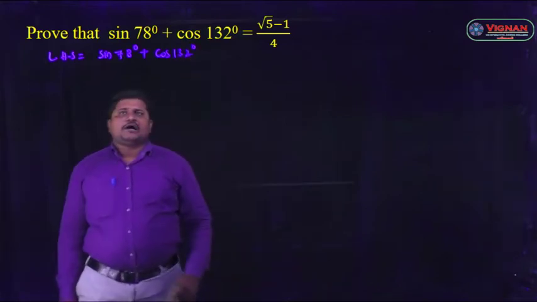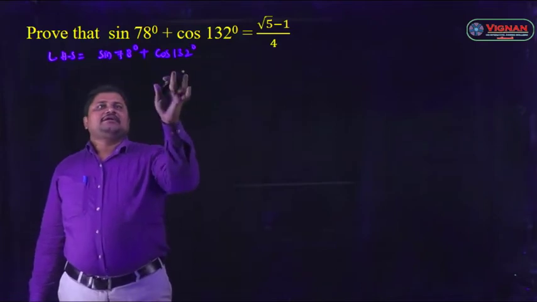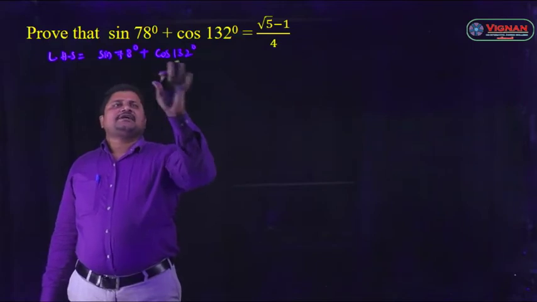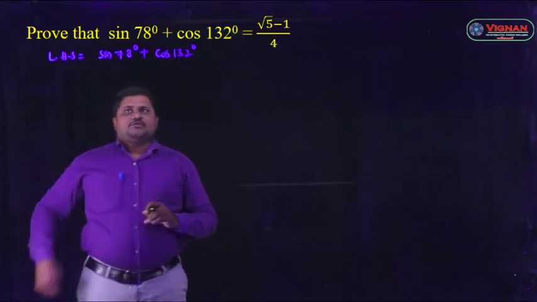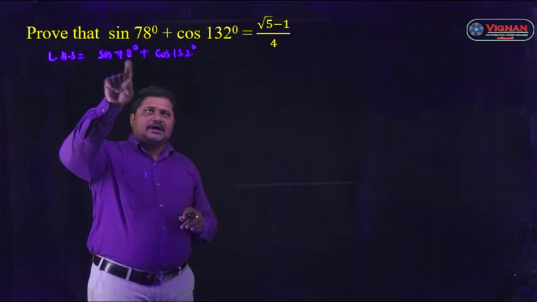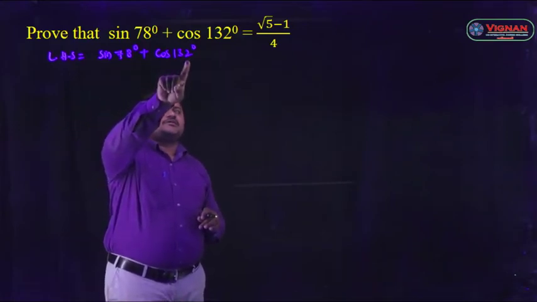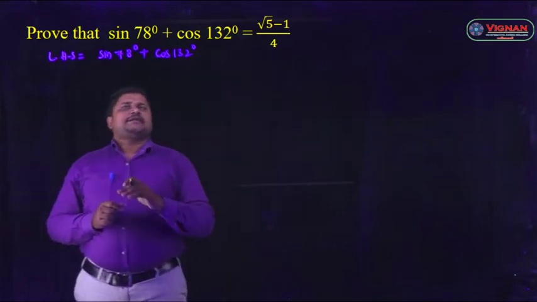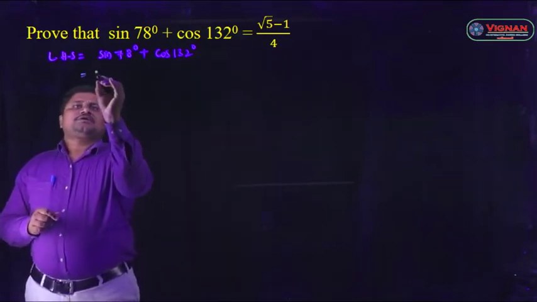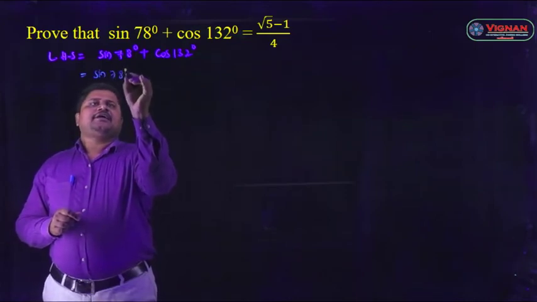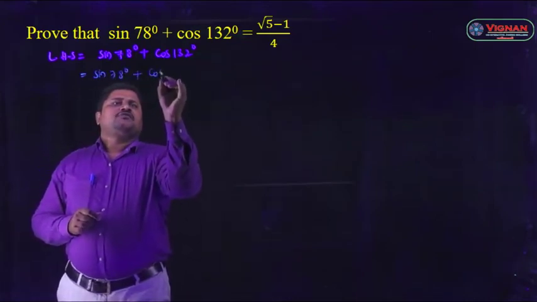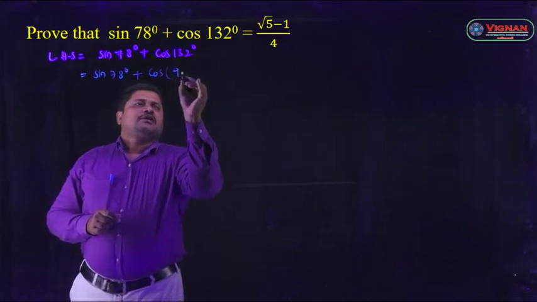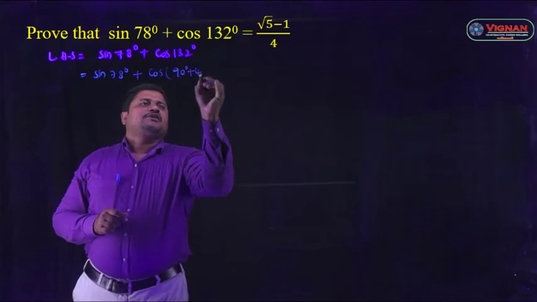We know the formulae sin c plus sin d, sin c minus sin d, cos c plus cos d, cos c minus cos d. But here we have sin 78 degree and cos 132 degree. We can convert the ratio cos to sin. Then sin 78 degree plus cos of 132, we can write 132 is equal to 90 degree plus 42 degree.